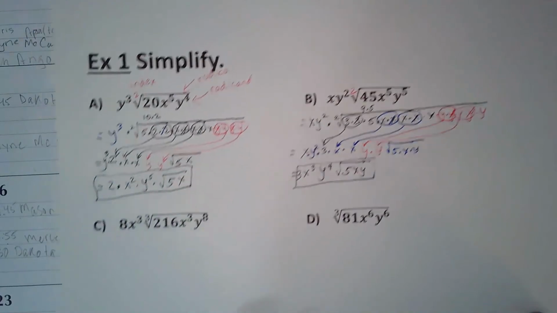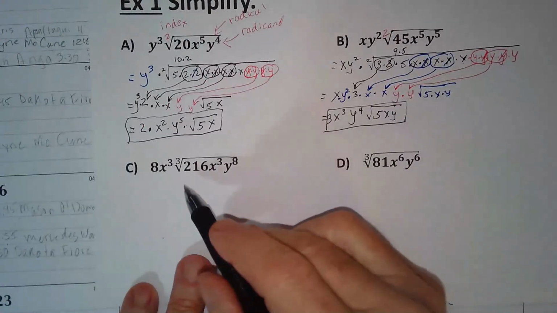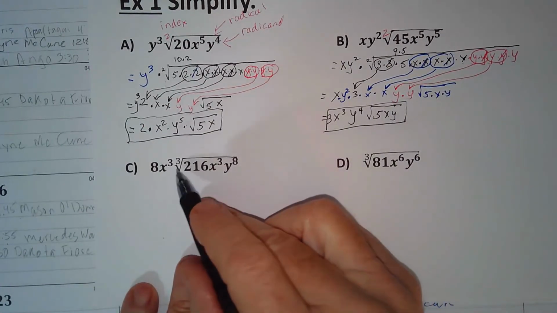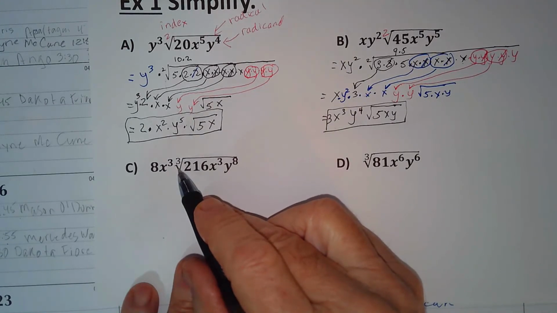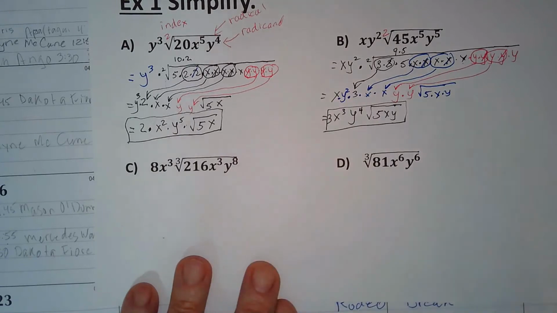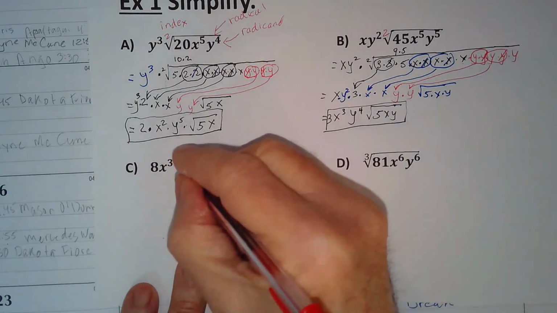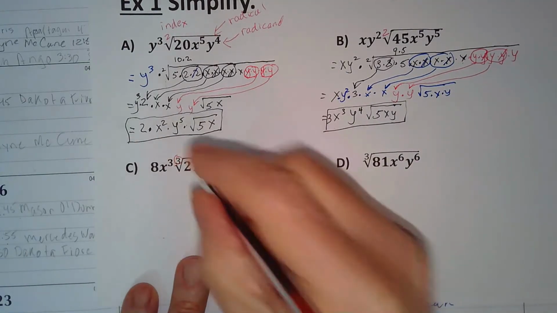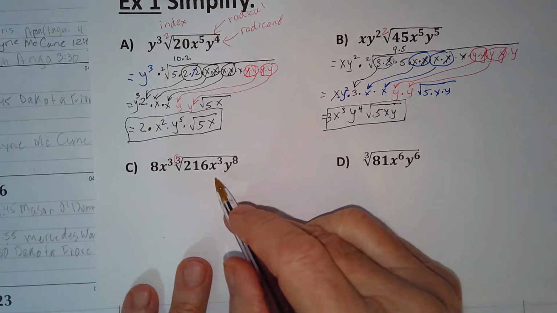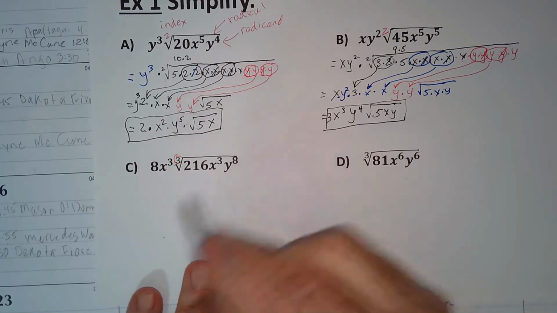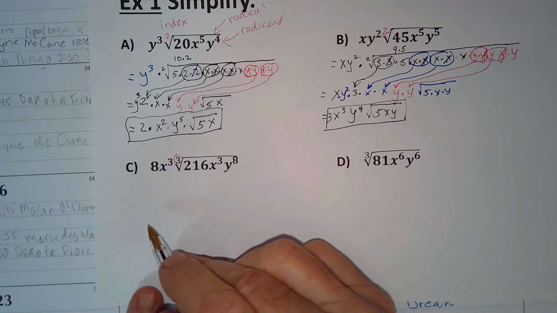Okay? All right. So now this radical, you'll notice, has an index of 3. Okay? So when you get an index of 3, that means you've got 3 groups of 3 inside, and 1 gets out of each of the 3.